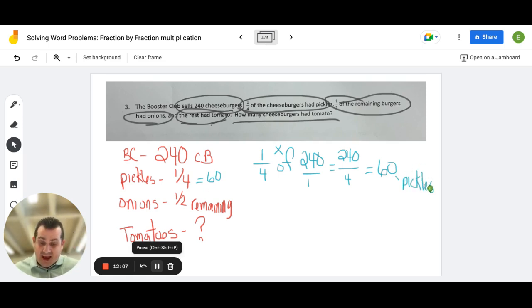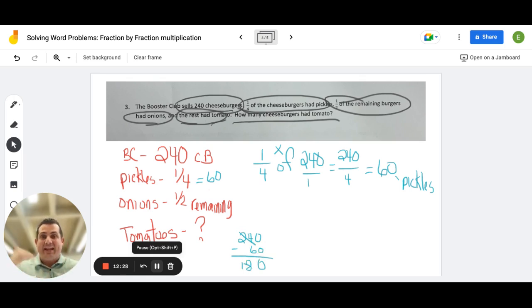Now, half of the remaining burgers had onions. Well, let's look. It's not half of that 60, it's half of the remaining burgers. We had 240 burgers, 60 of them had pickles. You have to subtract: 24 minus 6 is 18, so 180.